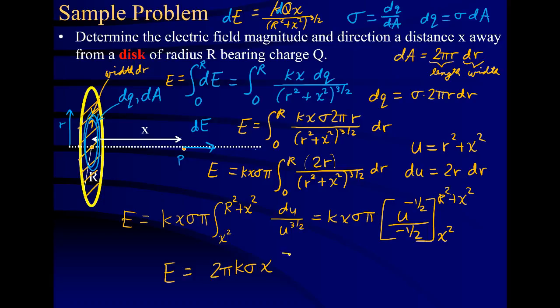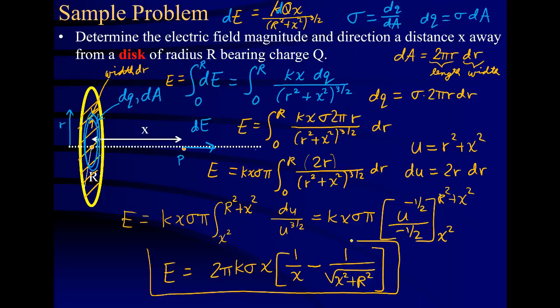And I'm going to write it this way, that we're going to end up with 1 over x minus 1 over the square root of x squared plus big R squared. And that's going to be our final answer for the electric field of a disk.